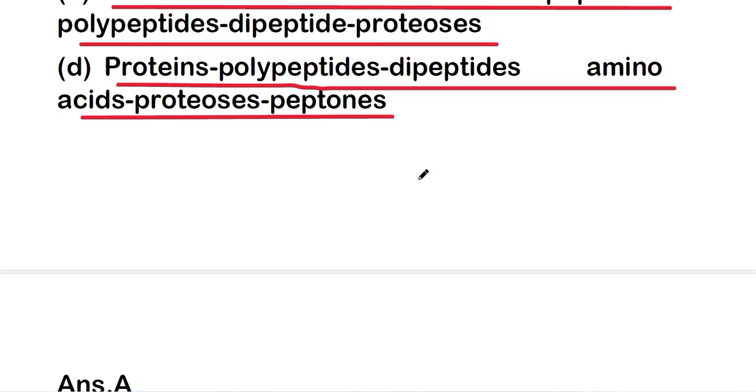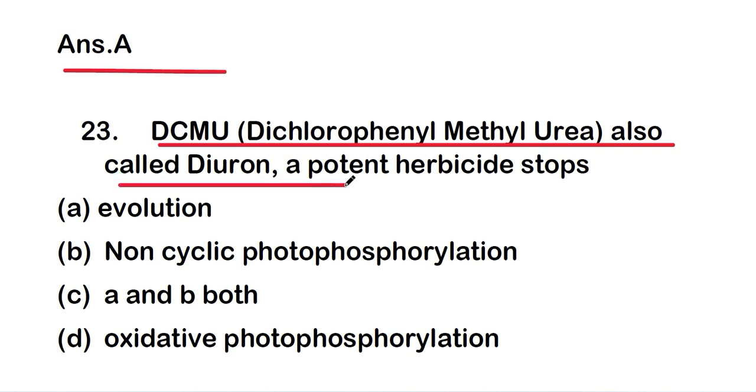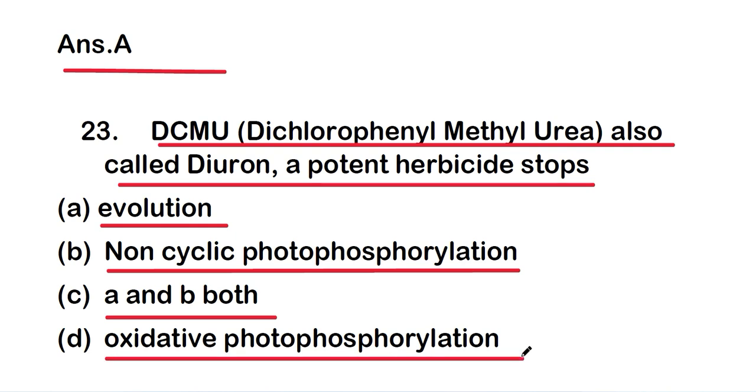Okay, so let's move on to the next question, that is question number 23. So DCMU, that is dichlorophenyl methyl urea, also called diuron, a potent herbicide, stops option A evolution, option B non-cyclic photophosphorylation, option C A and B both, or option D, that is oxidative photophosphorylation.